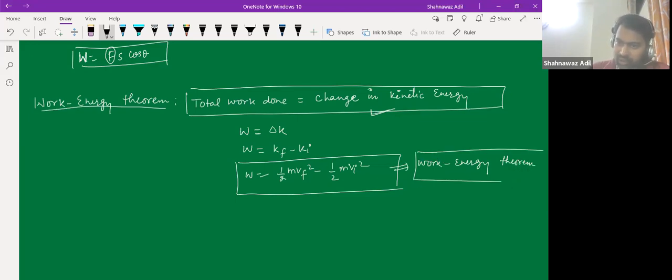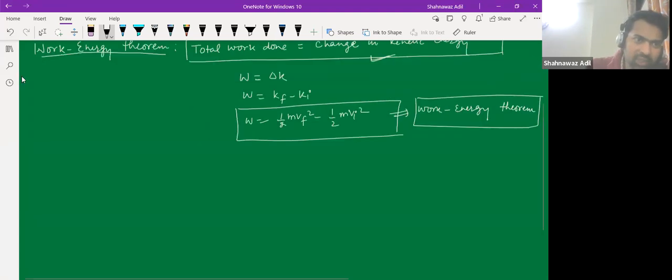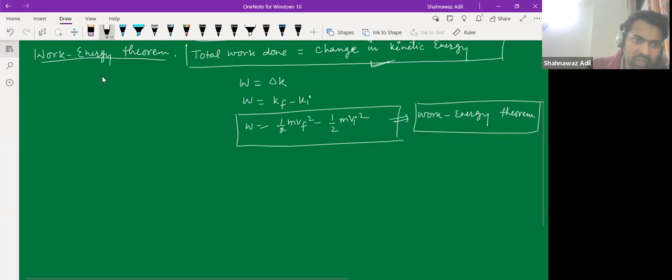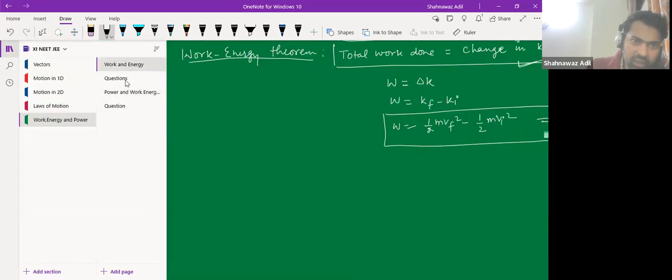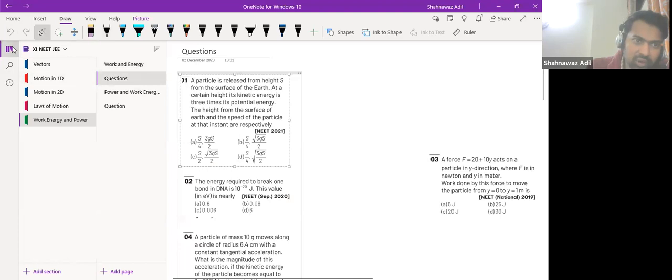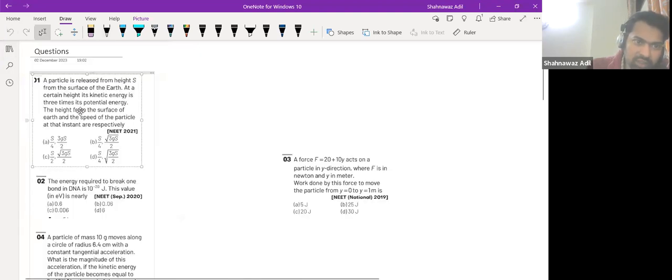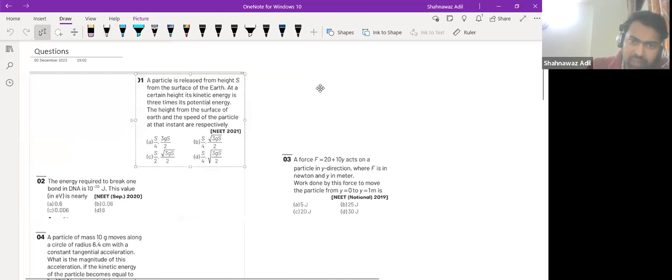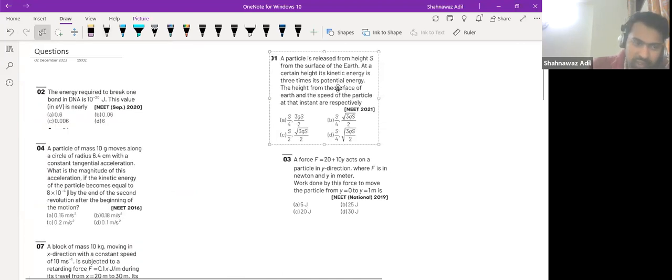Now let us do some questions from this. This question is not from the work energy theorem, but the conservation of energy. So let us do this question, and then we'll get back to the work energy problems.